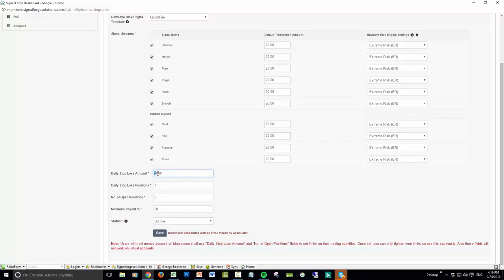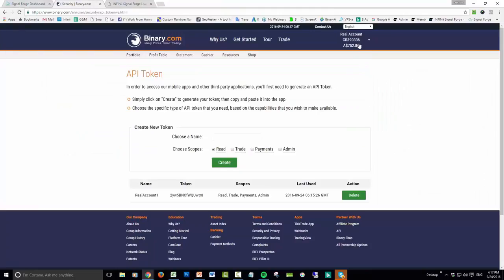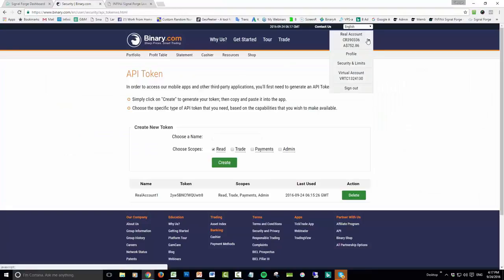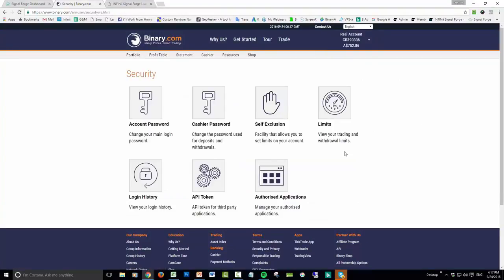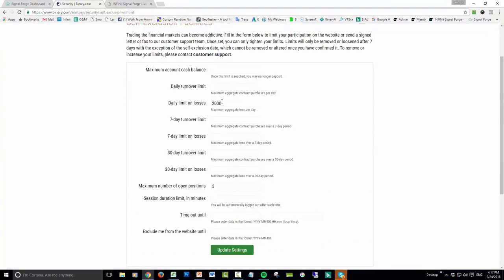Now how you can check to see what that number is, because if you've forgotten, you can come to your Binary brokerage account, come in here to security and limits, and look at self-exclusions. In here it'll show you what your limits are, which have transferred from your Signal Forge account through to your brokerage account. So the daily loss limit is 2000, so that is my limit.